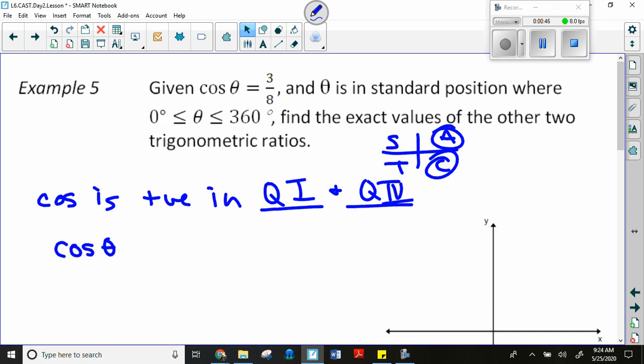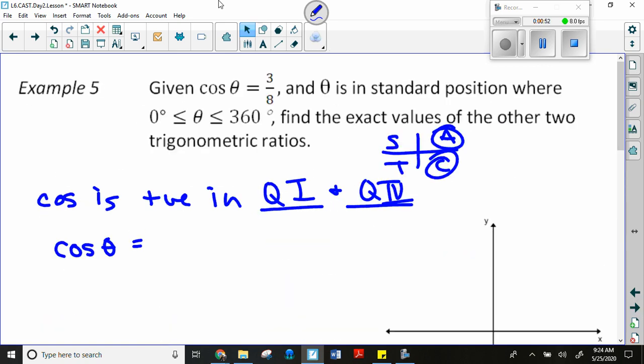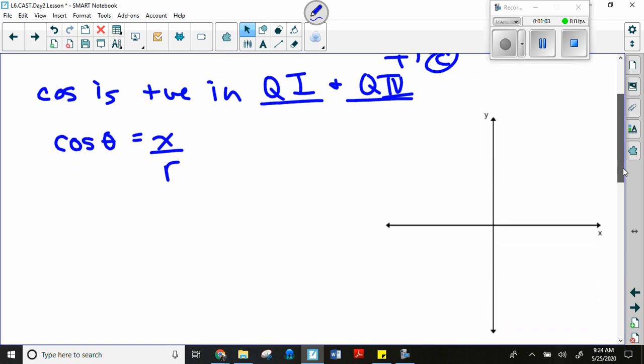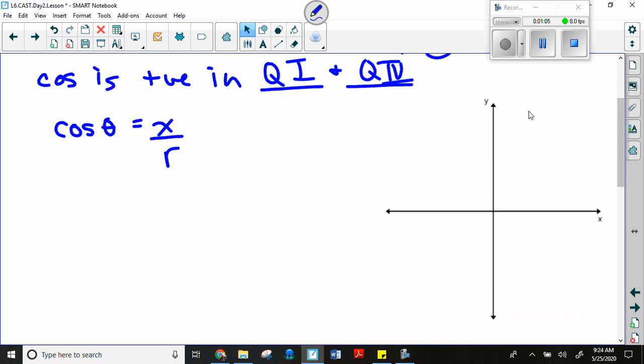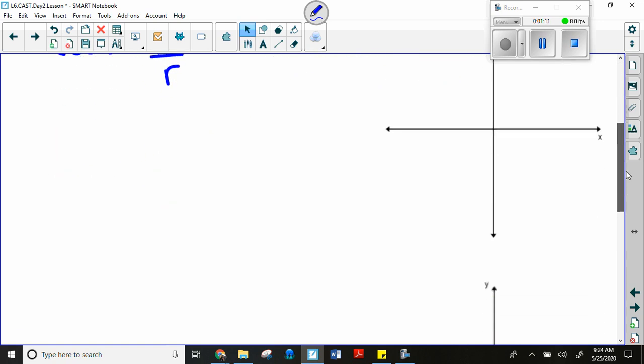Cos of the angle is also, we just did it, x over r. That's also very good to know. X over r. So that means that if we were going to do an x over an r, we're going to have a positive x of 3 and an r value of 8.